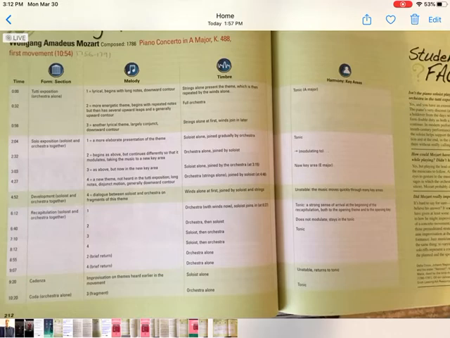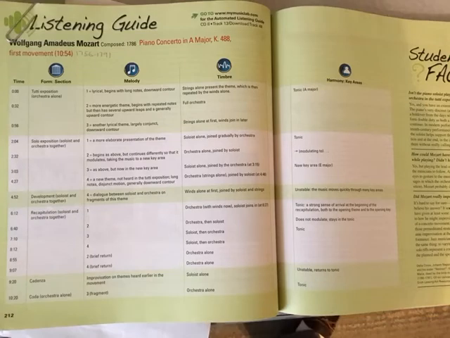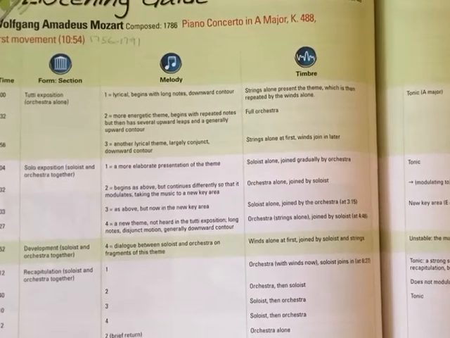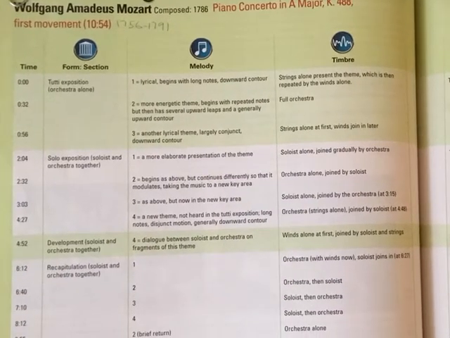Here we go. Okay, so remember what we just listened to and how we talked about it. The exposition. Okay, here they're breaking it down a little bit simpler. Look up there where it says tutti. We know that means everything. Everybody plays, full orchestra. So 1, lyrical beginning. That's our first theme. 2, that's our transitional or bridge.